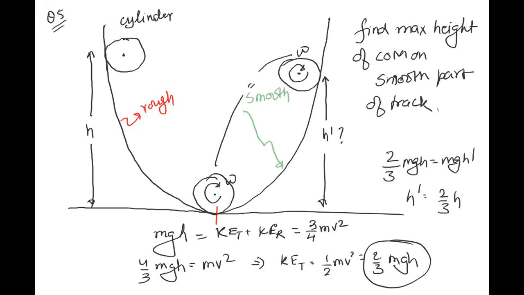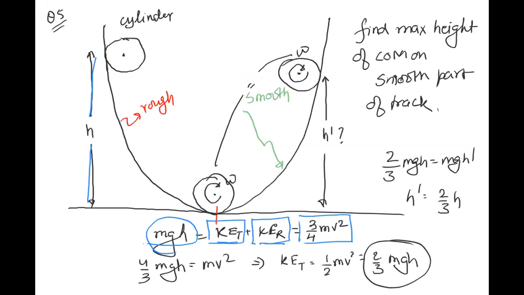आया समझ में मैंने क्या किया? I have said that look, as it comes down, the height h, as the center of mass comes down, a height h or h minus r, whatever it is. This potential energy is equal to the sum of kinetic energy of translation and the kinetic energy of rotation, which is equal to 3/4 mv square.